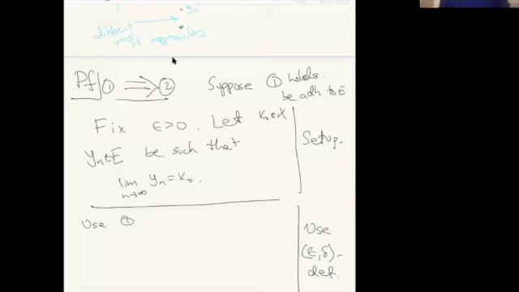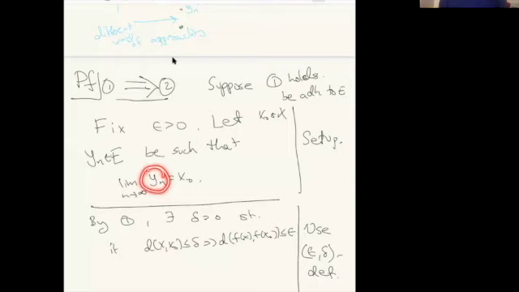So by 1, because we are assuming that's the case, there exists a delta positive such that if the distance of x to x0 is at most delta, then the distance between the function values is at most epsilon. So now we know that if the points are close, then the function values are close. And what we have to combine it with is that eventually the yns get close enough to x0.